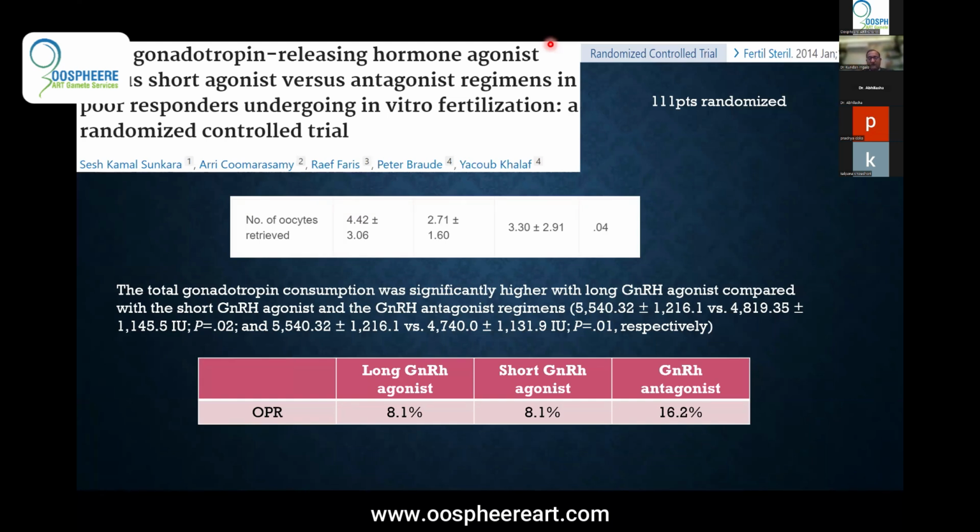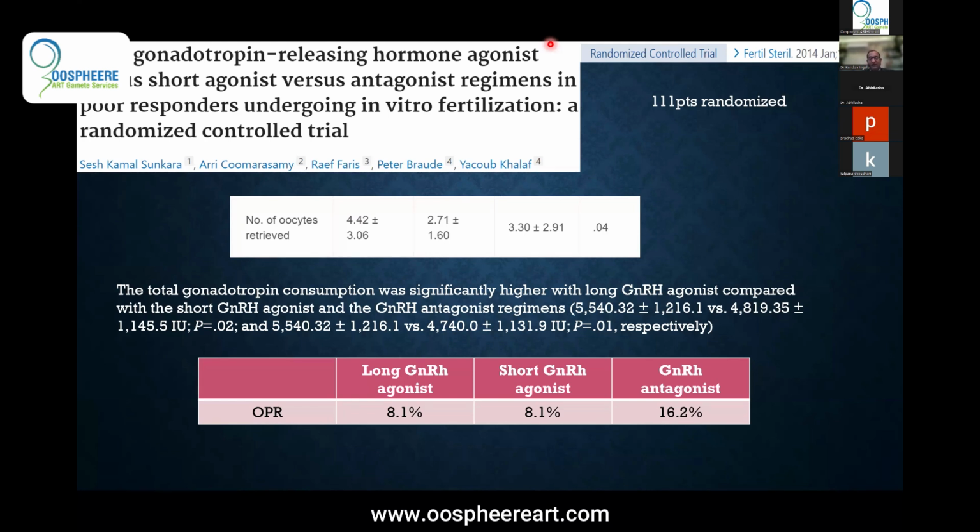They found that the number of oocytes retrieved was significantly more in the long agonist protocol. When long was compared with short agonist, there was a significant difference, almost double. If you use long agonist, you have a better number of oocytes than using a short. That's why the short agonist protocol was not so popular.